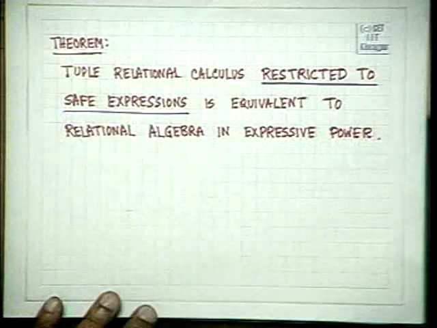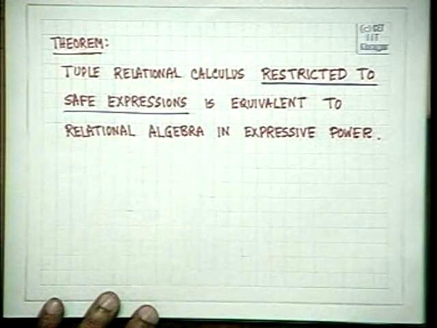For each of these 5 cases, we can write down the equivalent relational algebra expression, if it is safe. So that way we have to give 2 directions, and based on these 2 directions of the proof, we will get an answer to this theorem. I will not do it, I will leave it as a simple exercise. It can also be found in any standard textbook.